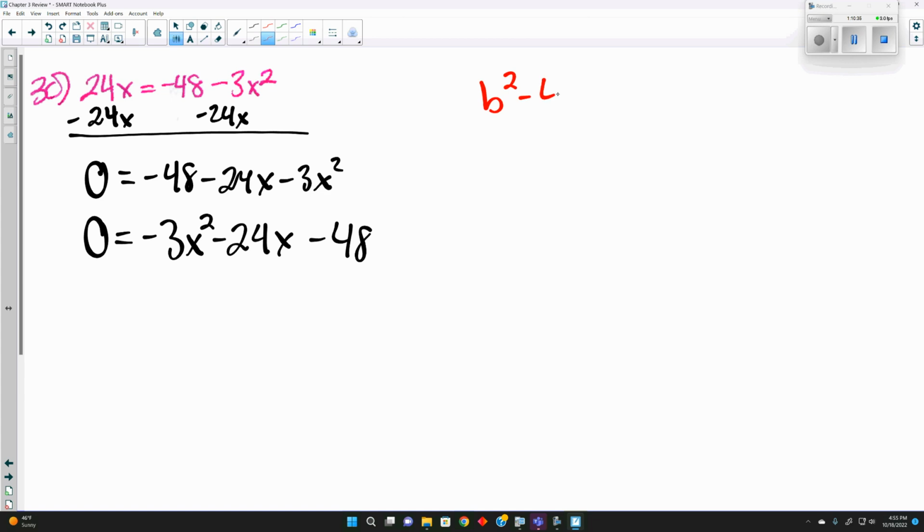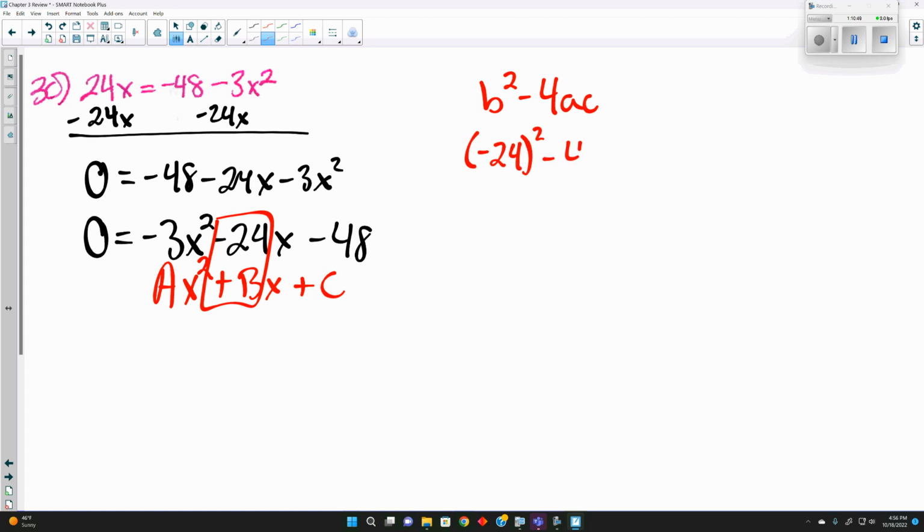And again, we're trying to find out what the value of b squared minus 4ac is. And this is referring back to our ax squared plus bx plus c. And our first one is b. So in this case, we have negative 24 squared minus 4. a in our case is negative 3.